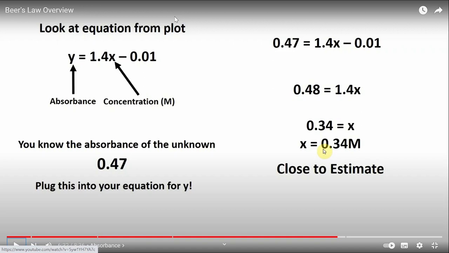Yes? There really shouldn't be, because the absorbance should be 0 if there's 0 concentration. It may just be some imperfection in the cuvette or something like that, although you're supposed to deal with that when you run it, and you'll have practice doing this when you do the little experiments tonight.